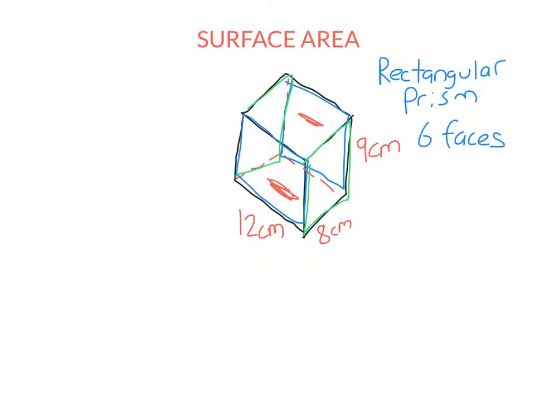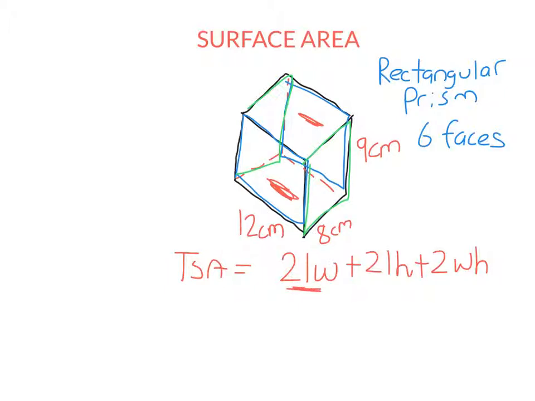So we can come up with a formula for the surface area of a rectangular prism. If it has dimensions L, W, and H, L for length, W for width, and H for height, this will be TSA, the total surface area. There's 2 lots of length times width. In our example here, there are 2 rectangles that are 12 by 8.